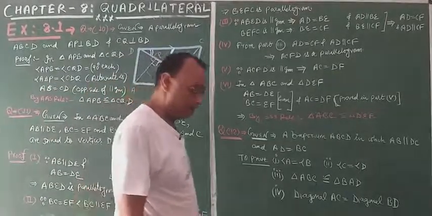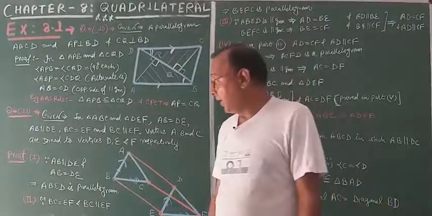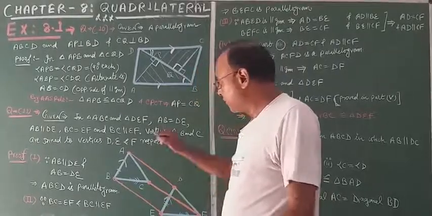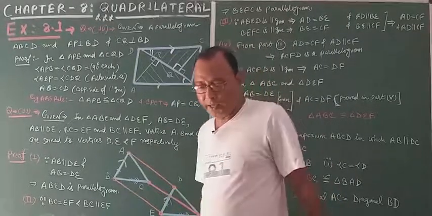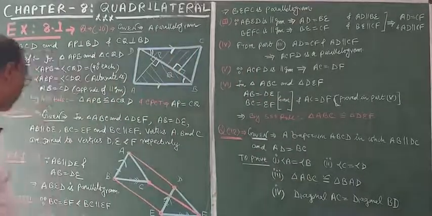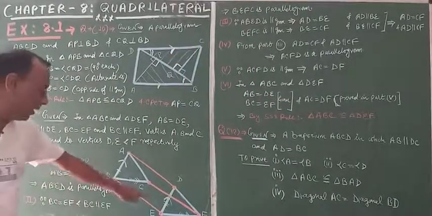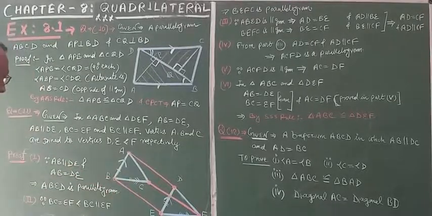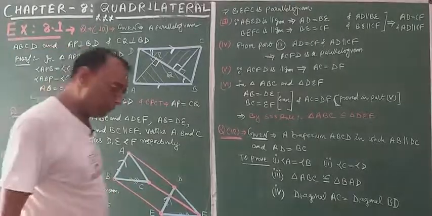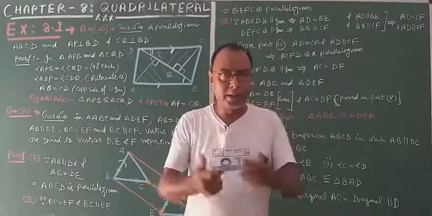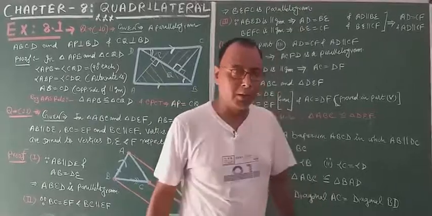The first part is this: we prove that ABED is a parallelogram. You are given AB parallel DE and AB is equal to DE. One pair of opposite sides are parallel and equal. Therefore, it is a parallelogram.